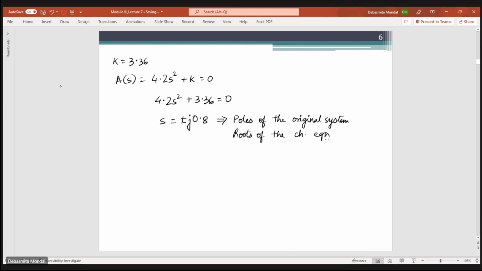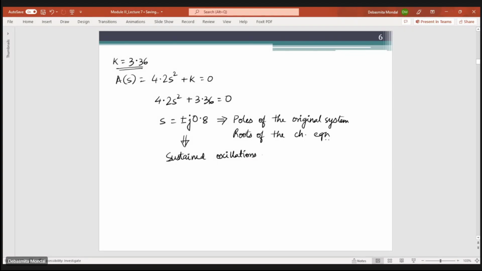Here, there is a pair of poles on the imaginary axis. That indicates that the system will have sustained oscillations. So for this value of k equals 3.36, your system has sustained oscillations.